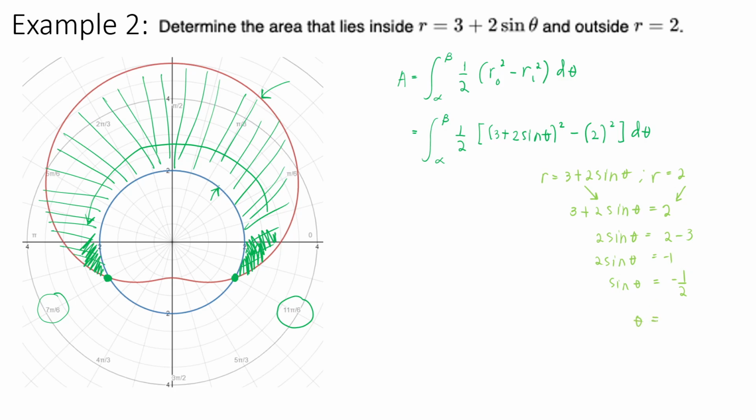So getting the theta, if you're going to use radian mode, arc sine of negative 1/2 is negative 1/6 pi. So what we solved here is negative 1/6 pi, and what we have determined in the graph is 11 pi over 6 and 7 pi over 6. Take note that your negative angles have a positive counterpart.